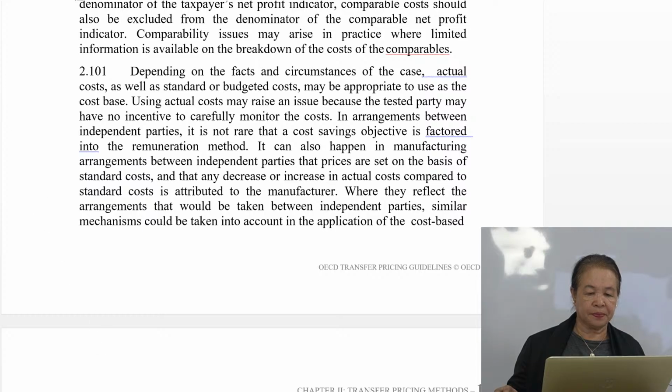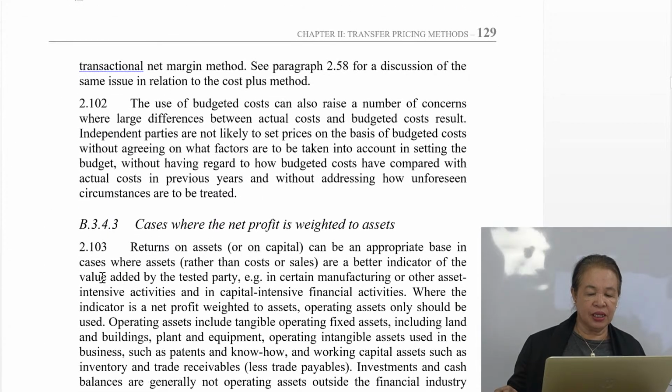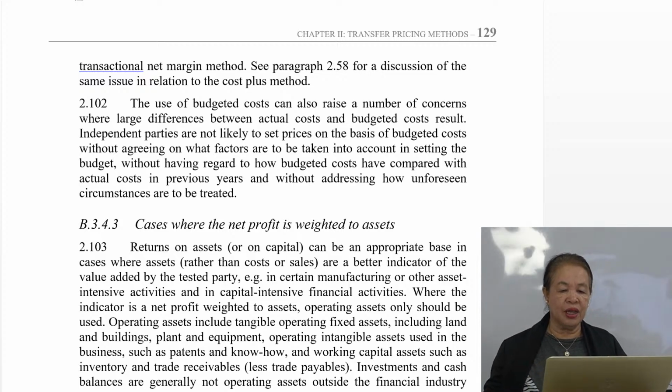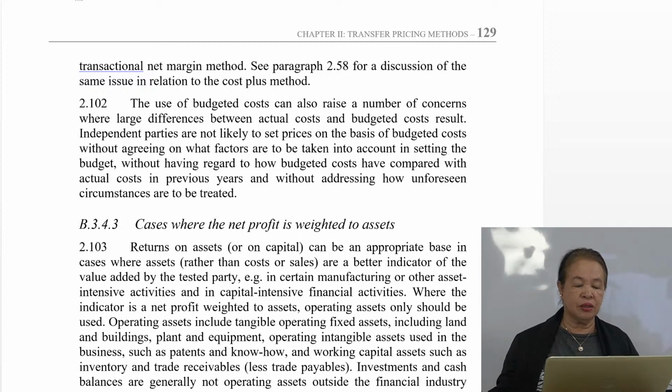Okay. So transactional net margin method. No? See paragraph 2.58 for a discussion of the same issue in relation to the cost plus method. The use of budgeted cost can also raise a number of concerns where large differences between actual cost and budgeted cost result.